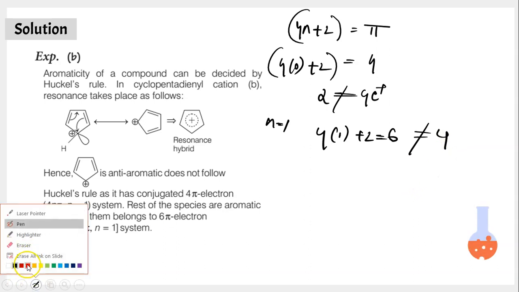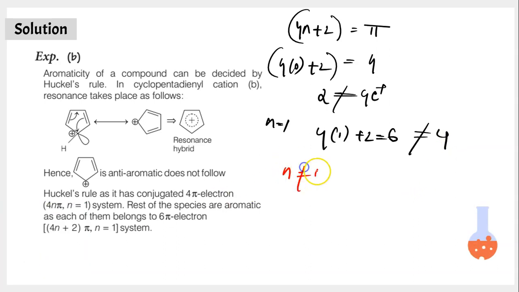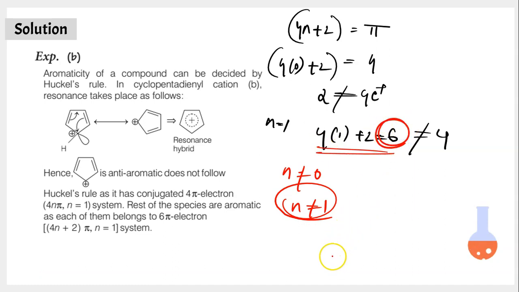So over here for option B, the n value is not 0, and it is not equal to 1 as well. When you take the n value to be 1, the equation is getting solved to be equal to 6, isn't it? And hence, the molecule given in option B is non-aromatic, because when I'm trying to solve this equation and equalize the value to the total pi electrons, it's not being equalized.